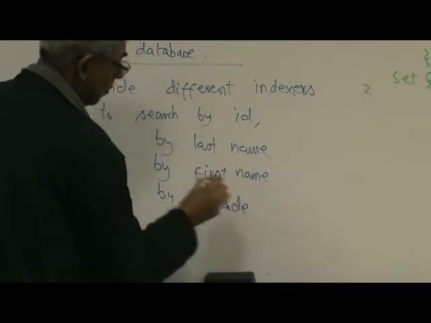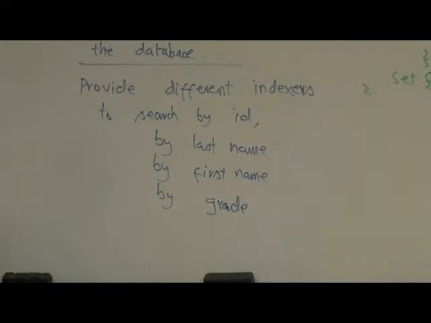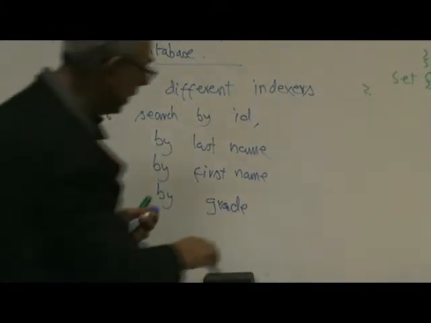So if you wanted to know who are all the students who received, let's say, A minus, your indexer will return an array list of all of those students. That will be your next assignment.